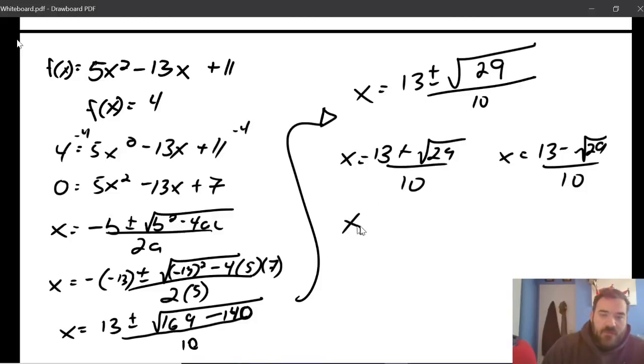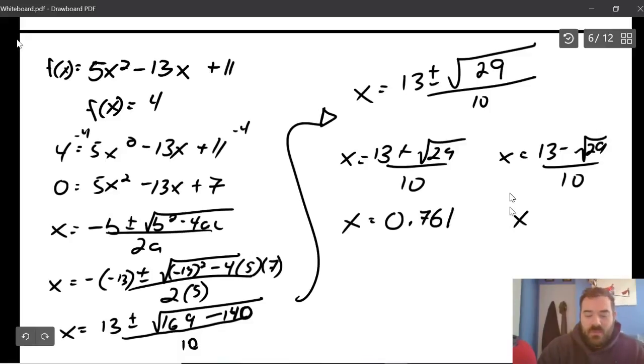Do this in one fell swoop, equals 0.761, where x is equal to 13 minus the square root of 29 divided by 10 equals, sorry, I did it the wrong way.